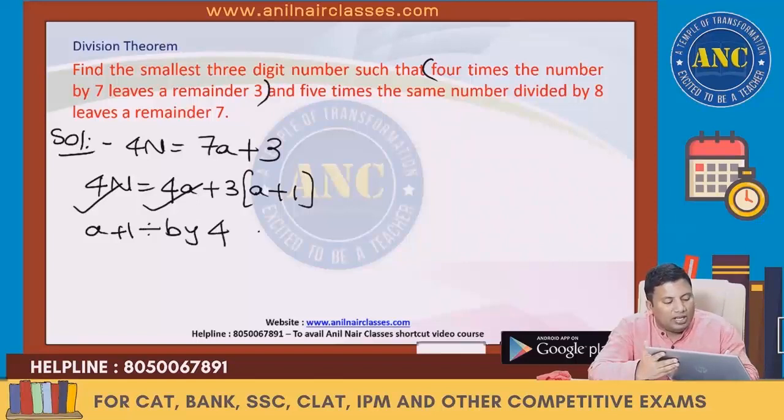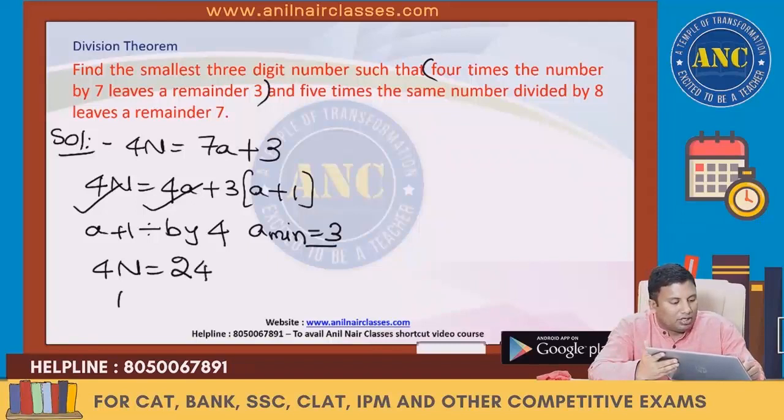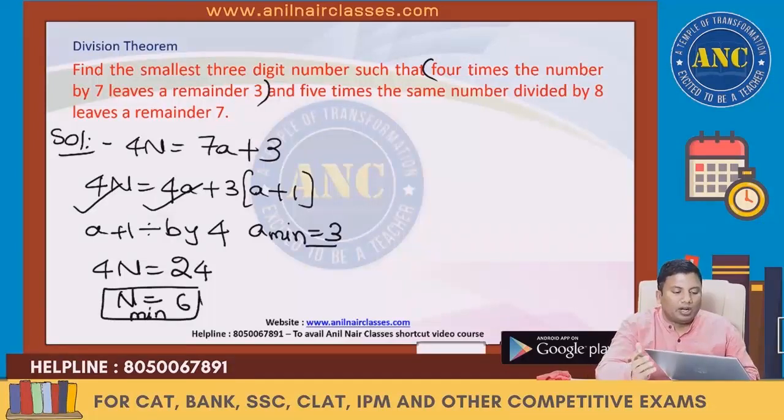If a plus 1 is divisible by 4, the minimum value of a is 3. So 4n is equivalent to 21 plus 3, 24. N minimum is 6. Are you with me?